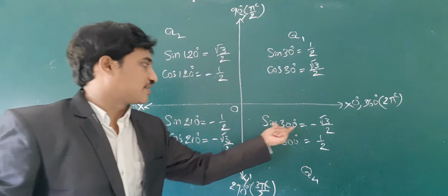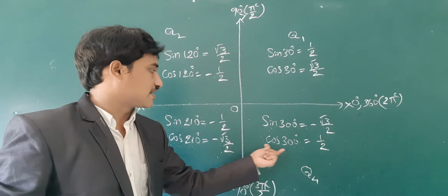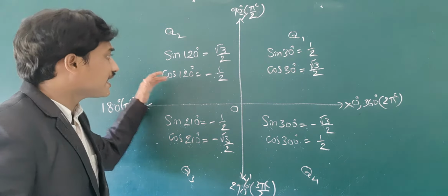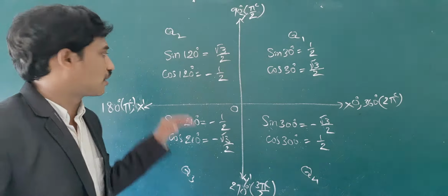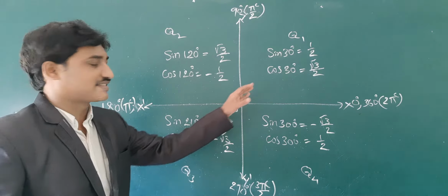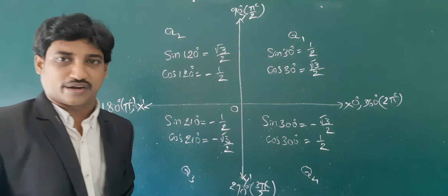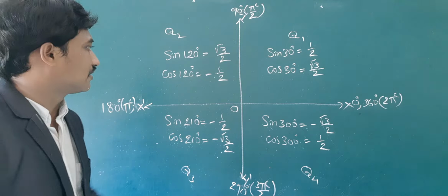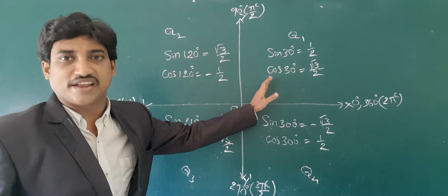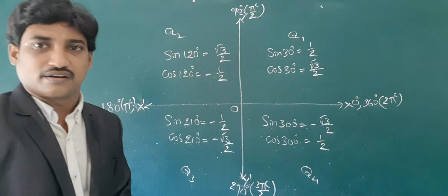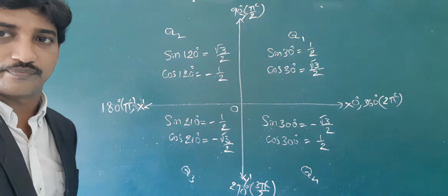Sin 300 is negative in the fourth quadrant, cos 300 is positive. We can observe trigonometric ratios taking different signs in different quadrants. Let us observe the relation between signs and quadrants in trigonometric ratios.